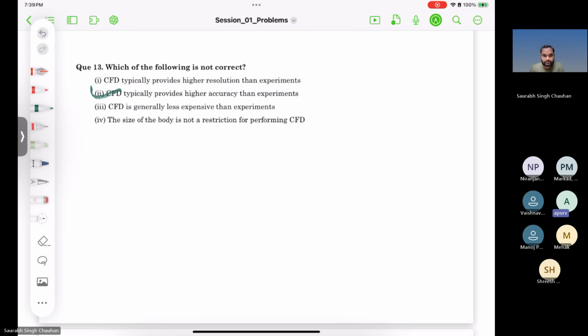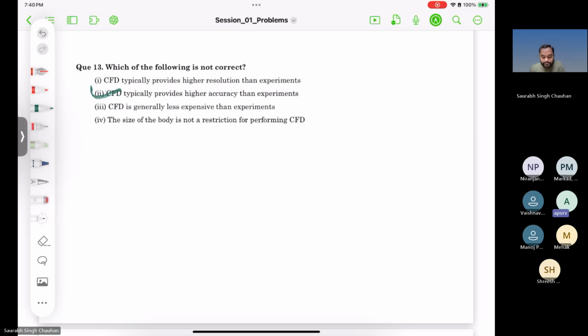Sir, generally, is not the experimental data considered as the benchmark? Generally, yes. Experiments are considered the benchmark. Your CFD models need to be validated against the experimental data.